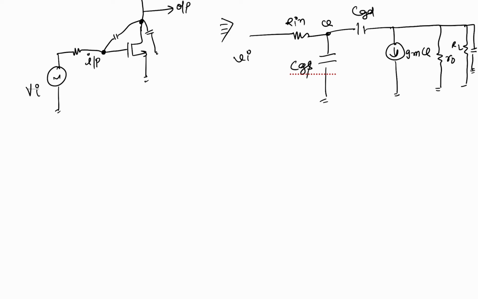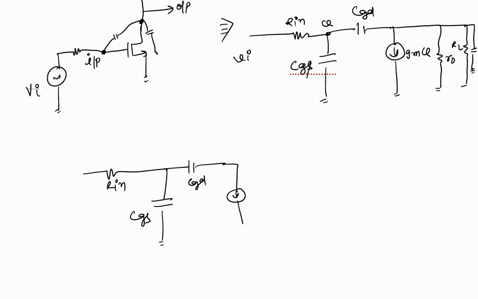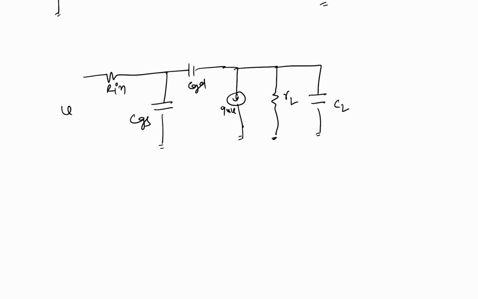We can simplify it: R in, CGS, CGD, the GMV current source, and RL and CL, where RL is the equivalent resistance of R naught parallel RL, and CL is the equivalent cap at the output to ground. This is my V in voltage.